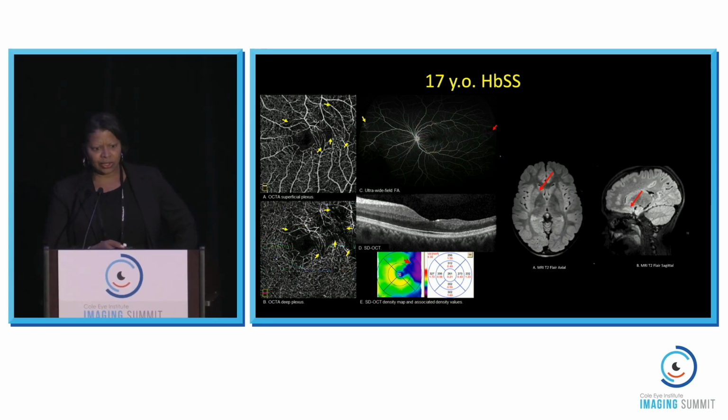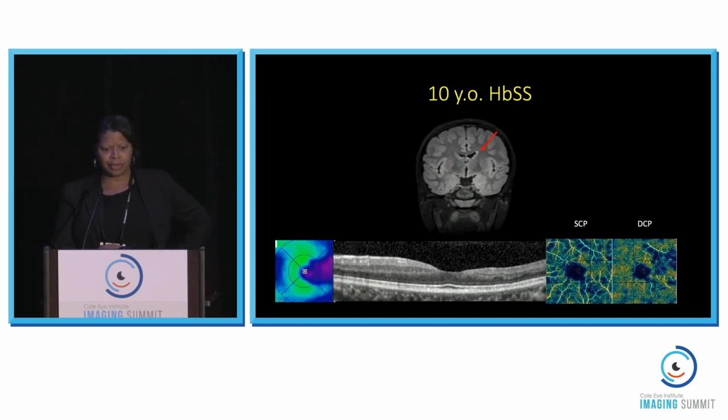You see the superficial capillary plexus and the deep capillary plexus with the loss of flow, the characteristic intraretinal thinning there, and you can see the thinning on the ETDRS thickness map, and also corresponding silent cerebral infarcts on the MRI. The wide field angiogram also does show some subtle peripheral non-perfusion. So are these things related? We do believe there is some correlation.